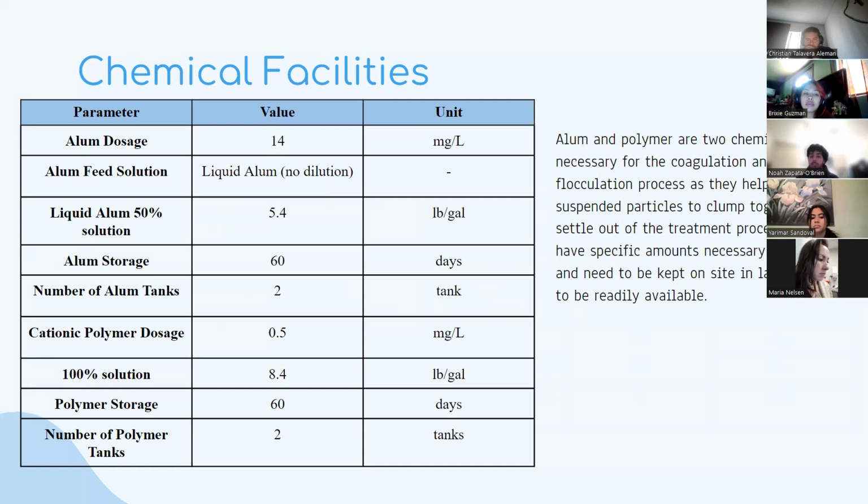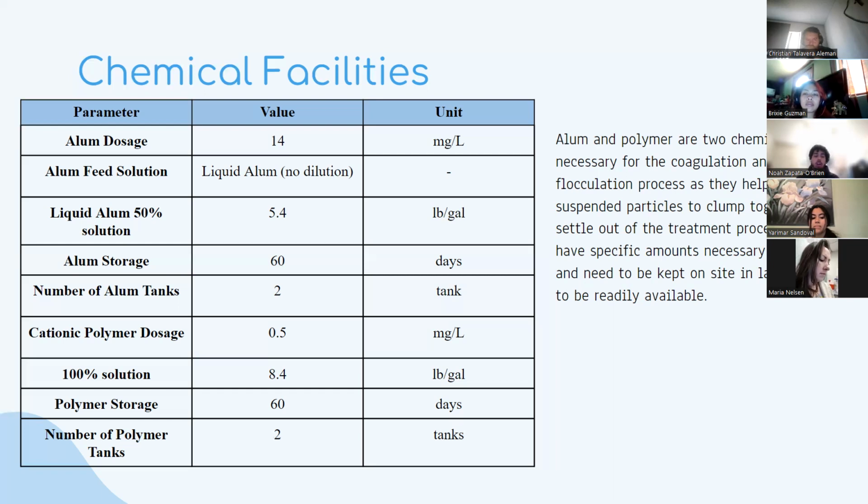We're using 50% liquid alum solution, which is 5.4 pounds per gallon. And then the alum storage that we need to have ready is going to be 60 days worth, as well as being held in 2 tanks. For our polymer dosage, we're looking at 0.5 milligrams per liter, 100% solution, which is 8.4 pounds per gallon, and then a storage of 60 days over 2 polymer tanks.